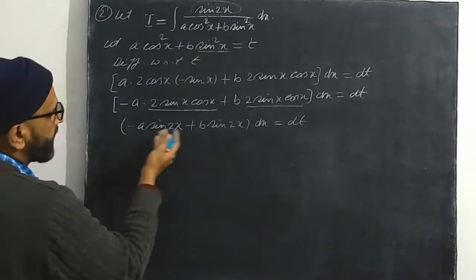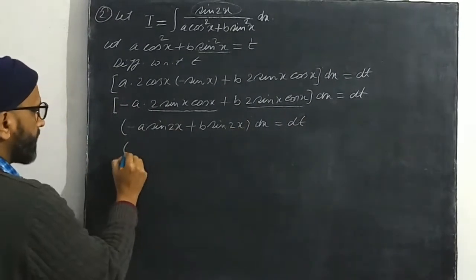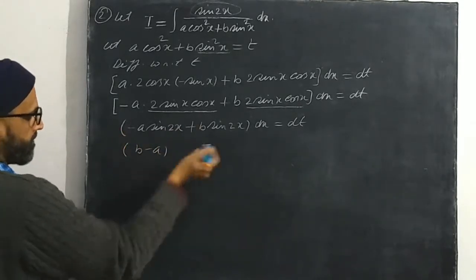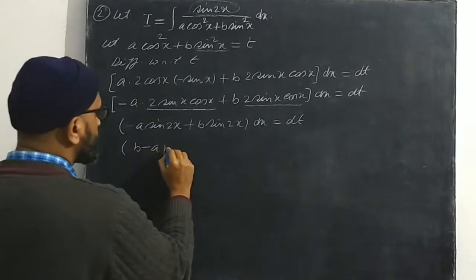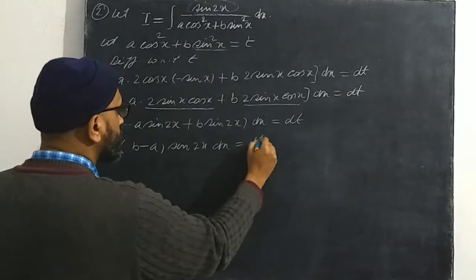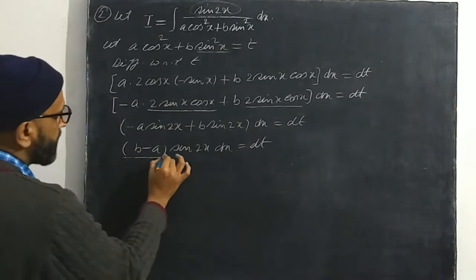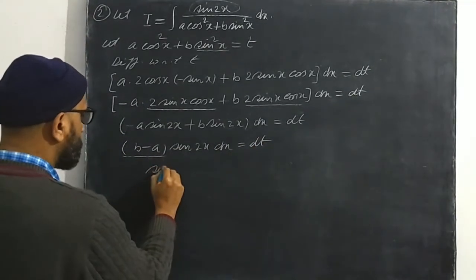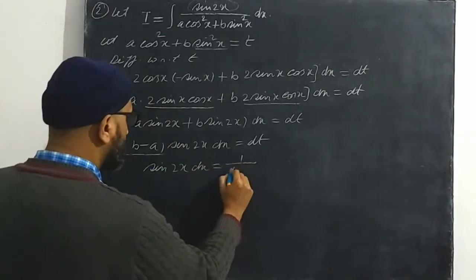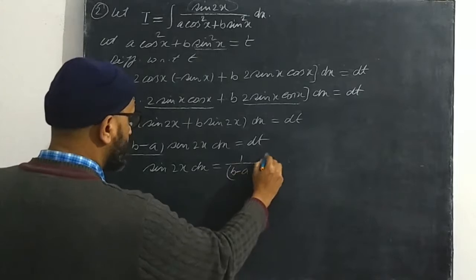Taking sin 2x common, we may write it as b minus a. We have written b first because this is positive, and then minus a. So b minus a times sin 2x dx is equal to dt. Now transposing b minus a to the right hand side, we get sin 2x dx is equal to 1 upon b minus a dt.